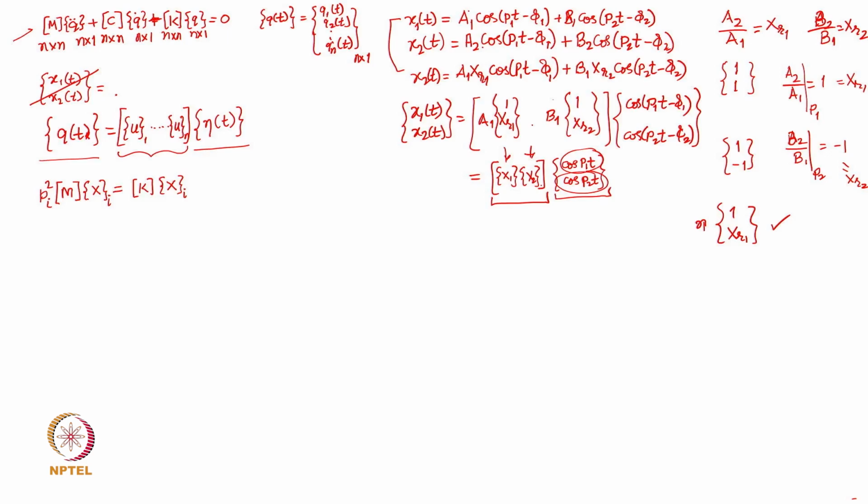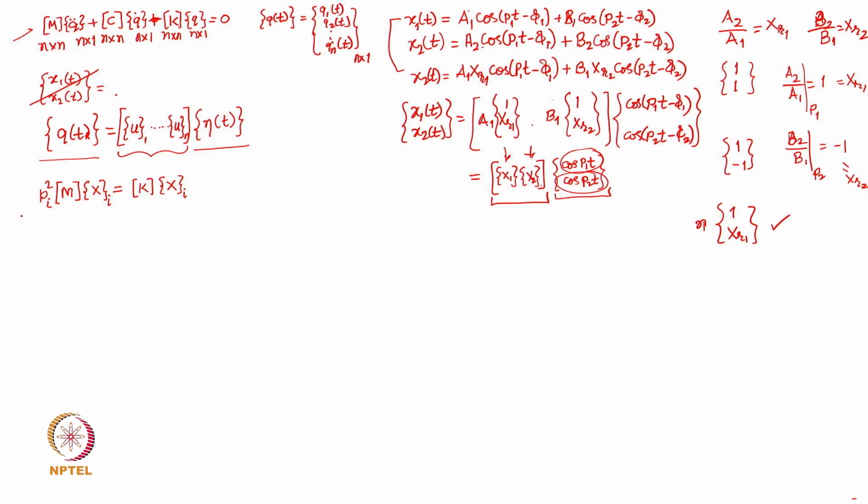Now, these mode shapes follow a property called orthogonality, and we are going to discuss how this orthogonality property of the mode shapes can be made use of in a convenient and computationally efficient solution process.